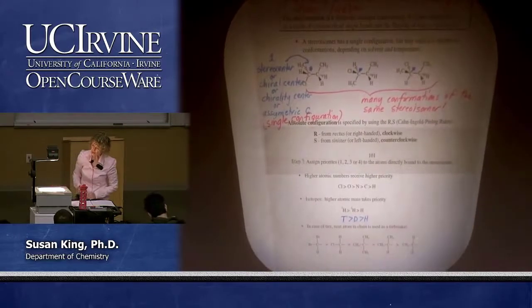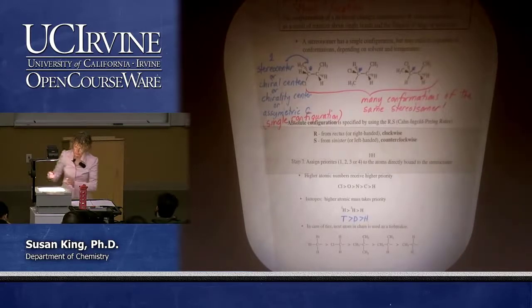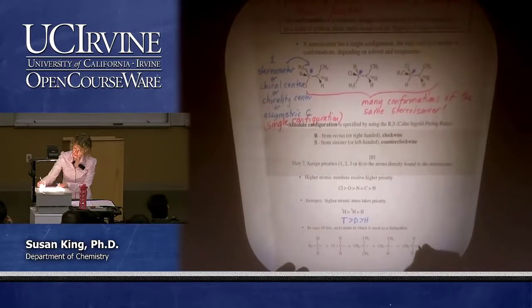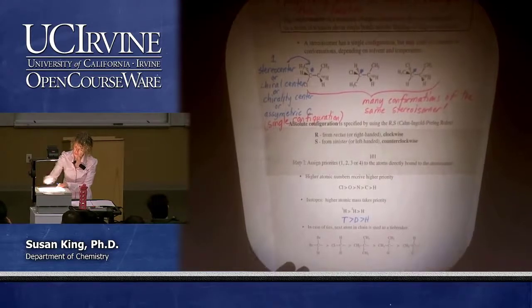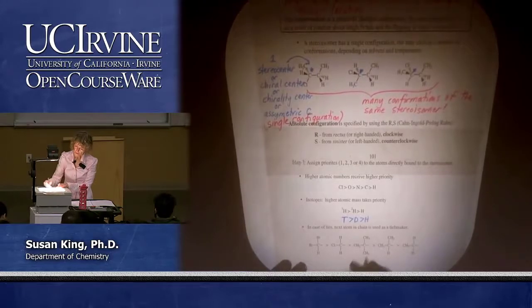In case of ties, so if the 2 atoms bonded to the stereocenter are the same, then we move out 1 atom at a time until we see a difference. So we start here with an ethyl group, and basically we're just talking about this group being bonded to the stereocenter. So we have a carbon, and here we have a carbon and 2 methyls, so that's going to have higher priority.